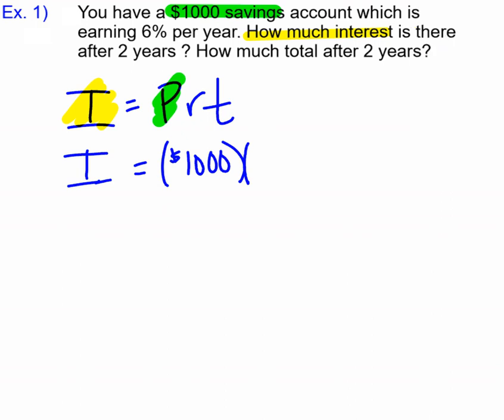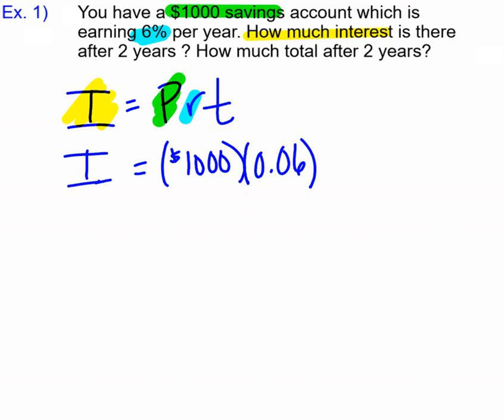Now, what could the rate be? The rate here is 6%. And we have to remember that when we talk about the rate, we have to change it to a decimal. So 6% is going to change to 6 hundredths. The last thing we're going to look at is time.